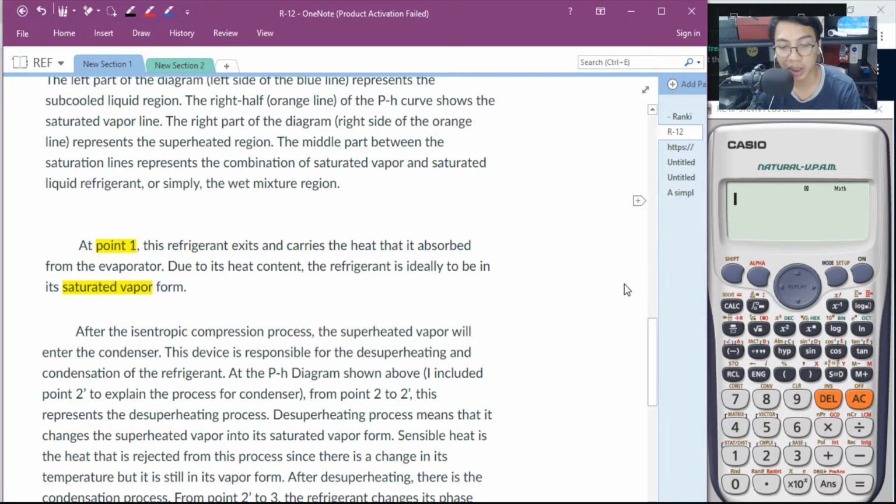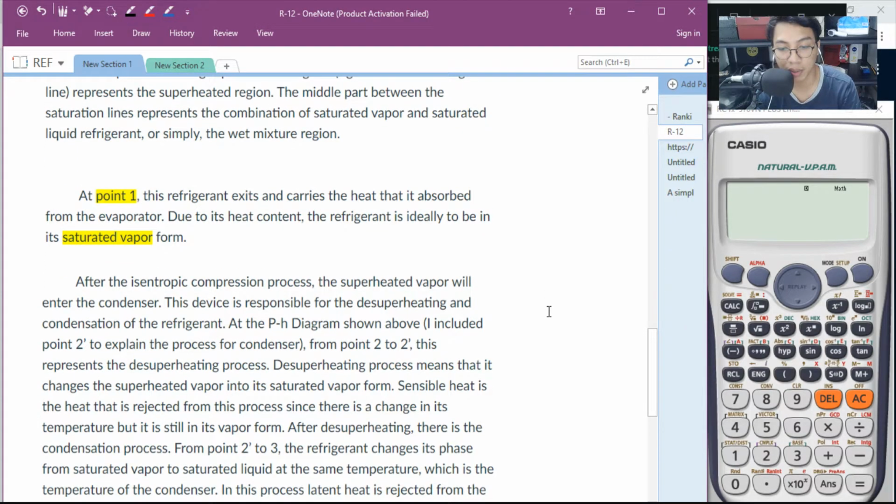The process means that it changes the superheated vapor into its saturated vapor form. Okay, slowly. The sensible heat, tinuro ko yan ha, the sensible heat is the heat that is rejected from this process. There is a change in temperature, hindi pala phase.